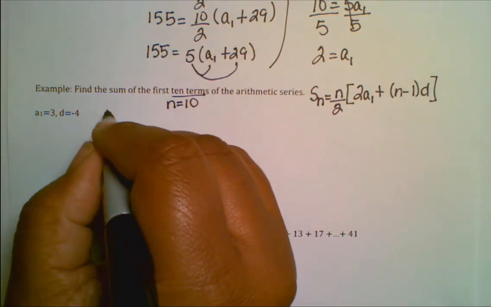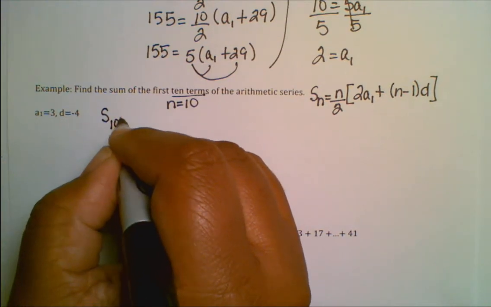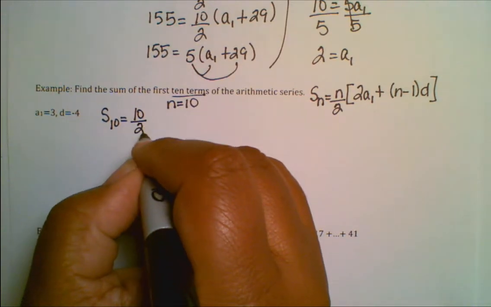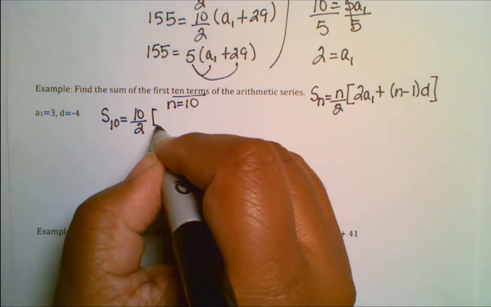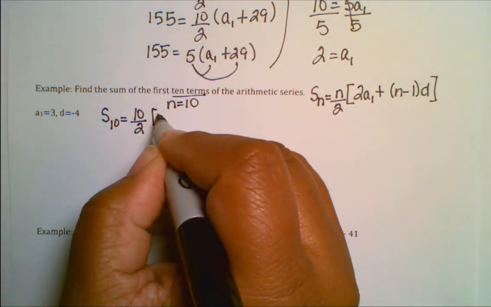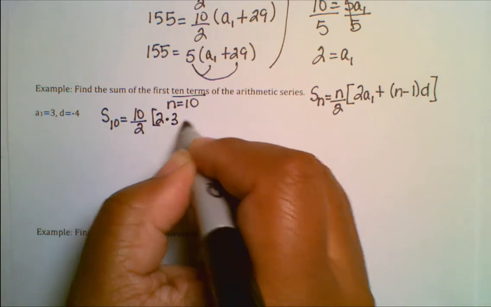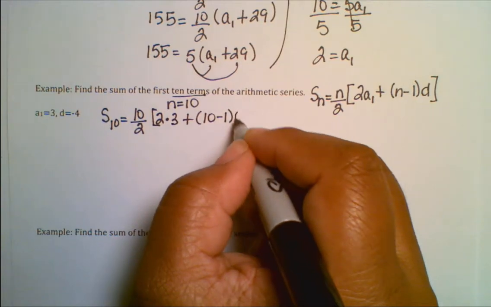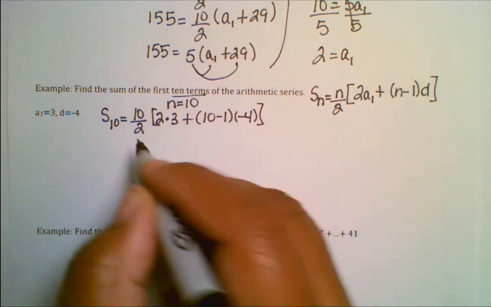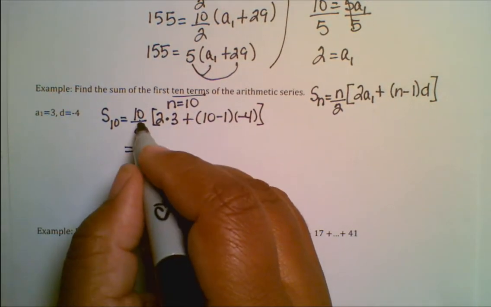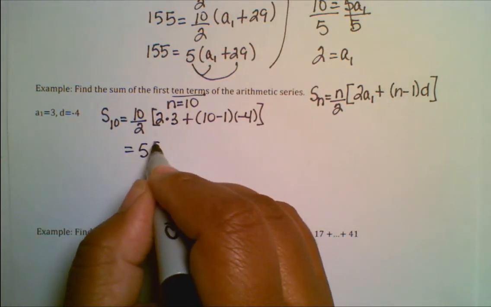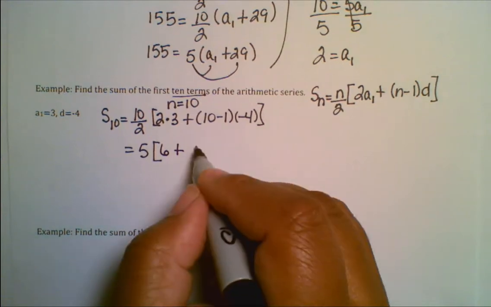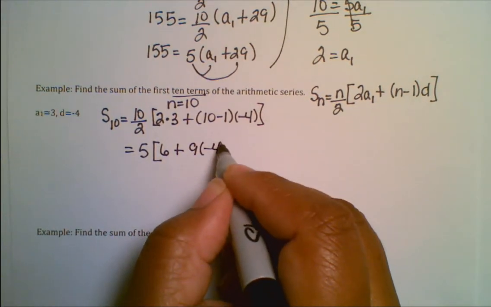So let's plug those values in. We're looking for the 10th term. So S sub 10 is equal to 10 over 2 times 2 times 3 plus, in parentheses, 10 minus 1 times -4. 10 over 2 is 5. Inside the bracket, we have 6 plus 9 times -4.